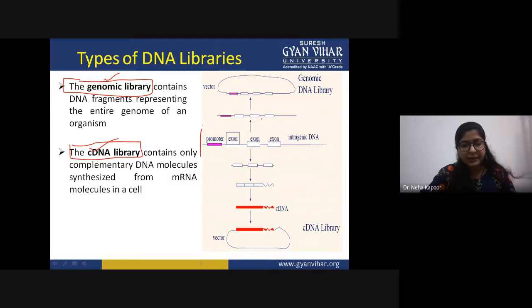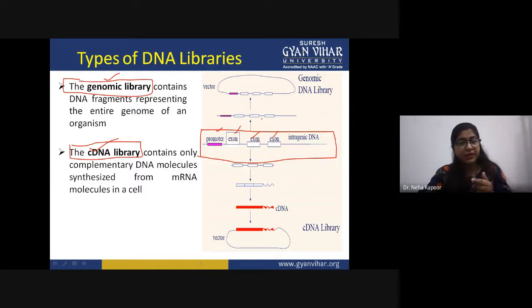For this, again I am taking this sequence as reference, in which we have a promoter, exons, and introns. In the case of a cDNA library, these three exons, our main DNA, would first be converted into mRNA. This is pre-messenger RNA, and after processing this is mature messenger RNA. I am writing it as MAT.